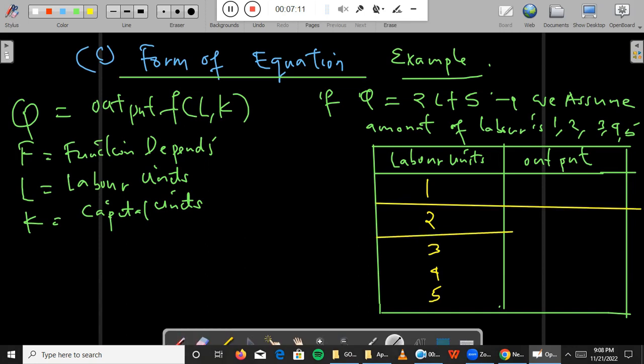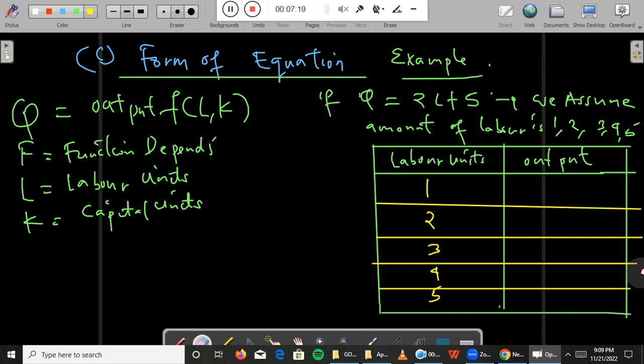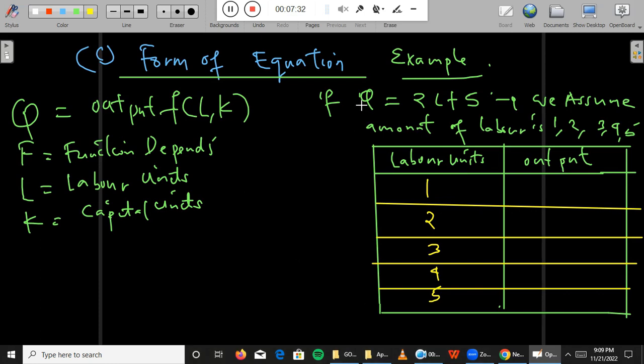To find the output level, we plug in the number of the input factor of production, that is the labor units, into the equation of output. For the first labor unit, that is 1, we plug in 1: 2 times 1 plus 5. The answer is 7.